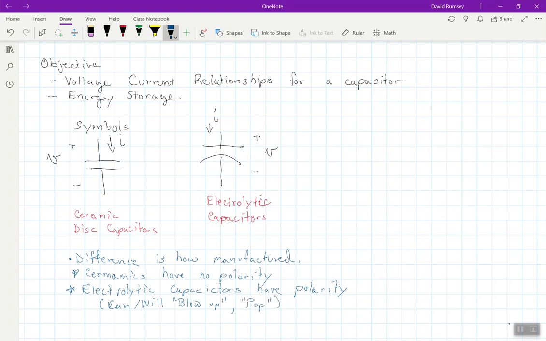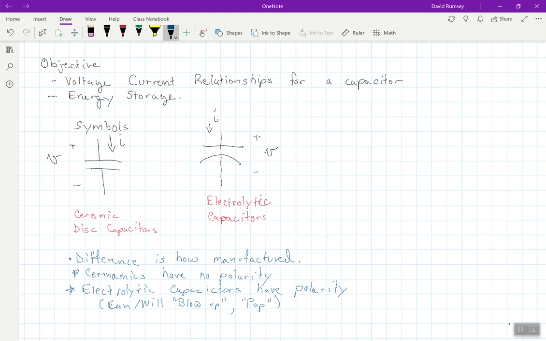And when we say polarity, there is a right and a wrong way to connect these electrolytic capacitors. The curved side always represents the negative, meaning you need to attach it to the negative side of your voltages, or to the ground. So there's absolutely a correct and a wrong way to wire up an electrolytic capacitor.